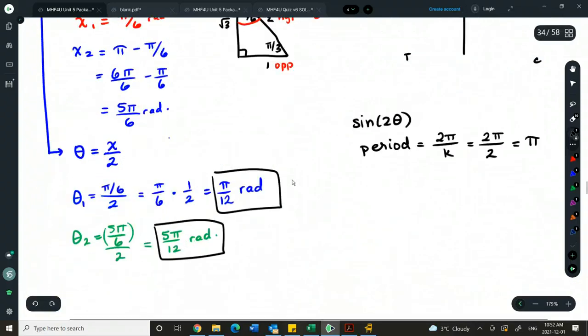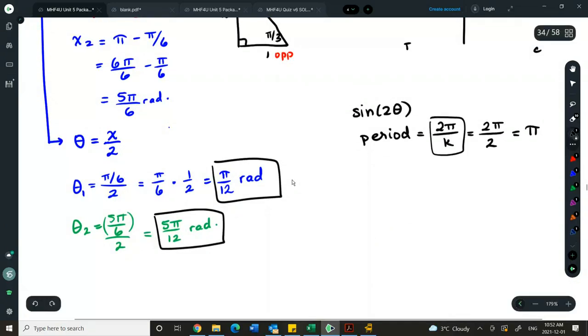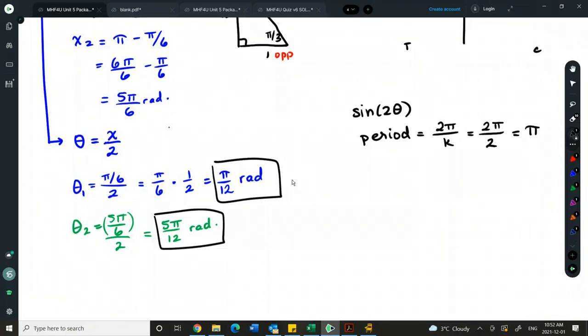Period we can always calculate by doing 2 pi over k. And this is the k value, the multiple of theta. So if my period's pi, and I've compressed it horizontally by a factor of a half, I should expect double the amount of answers, right?